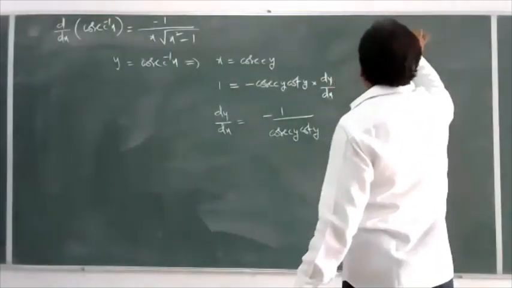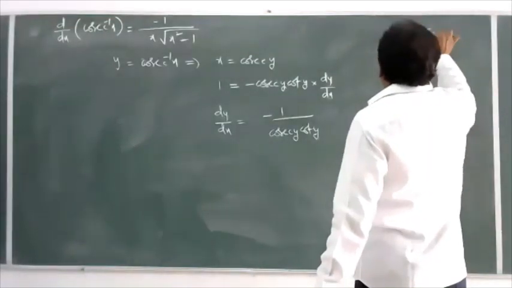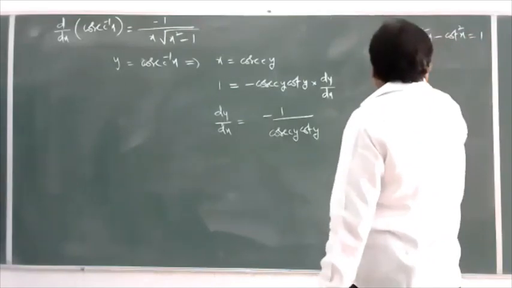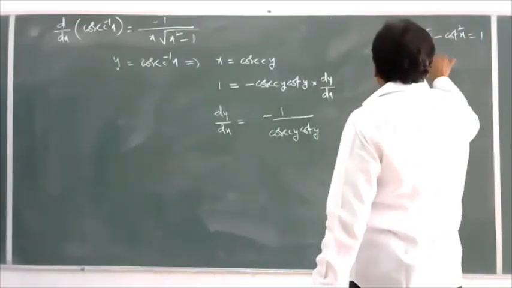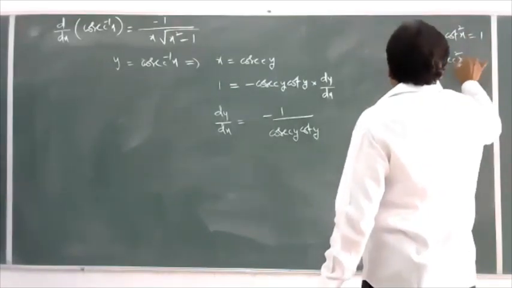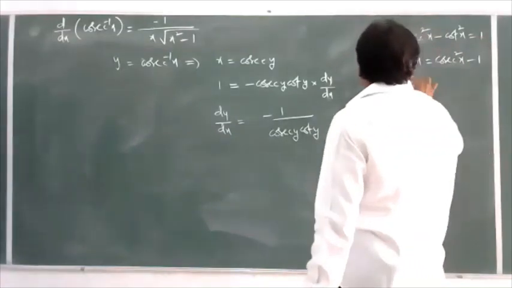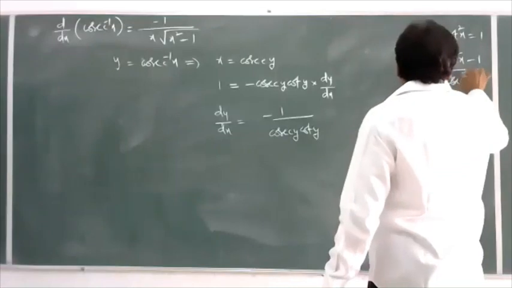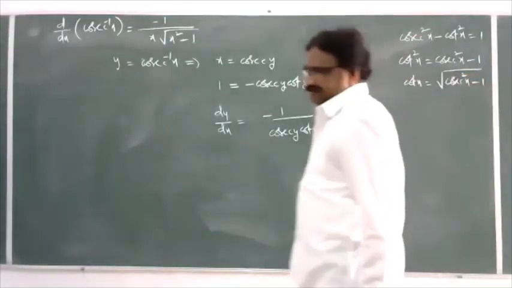From the trigonometric formulas, cosecant square x minus cot square x is equal to 1. That is, cot square x is equal to cosecant square x minus 1. That is, cot x is equal to root of cosecant square x minus 1.